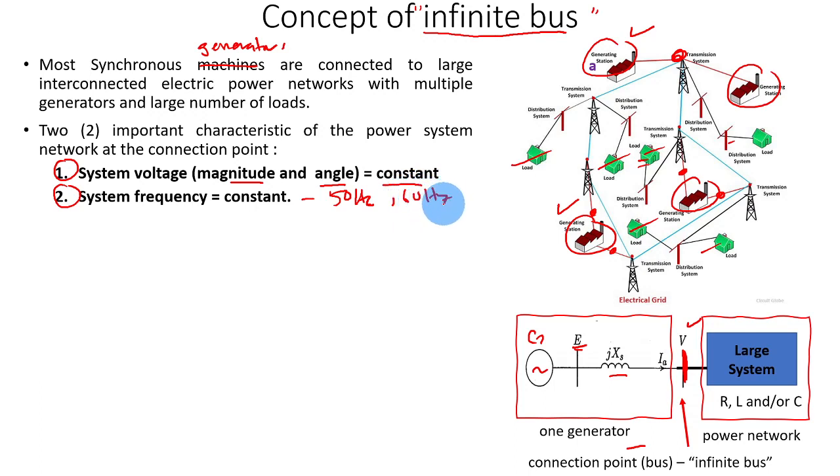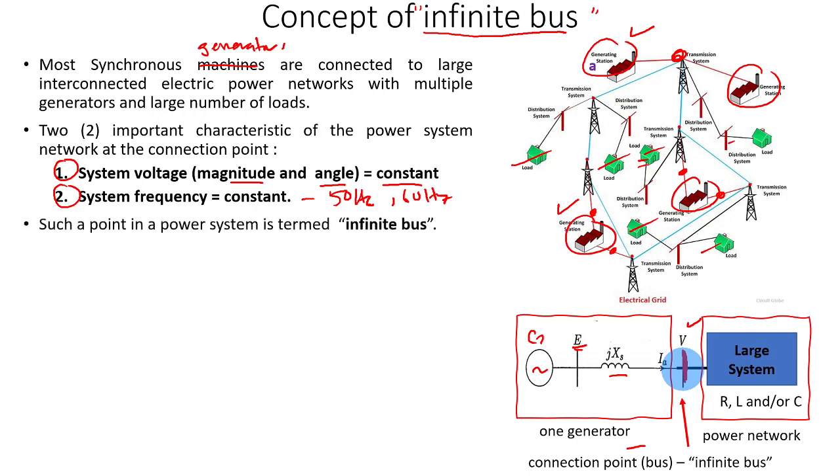For any power system, these are the 2 most important parameters that the generator must maintain at that point. Otherwise, the system will collapse and not function, or maybe the generator needs to be taken out, because if it cannot maintain the voltage and frequency, something has to be done.